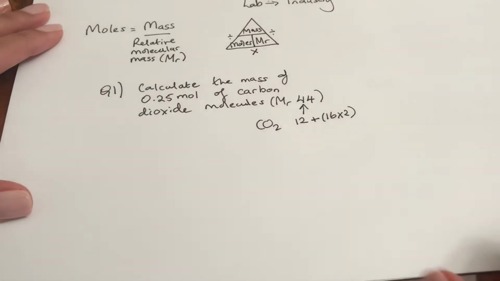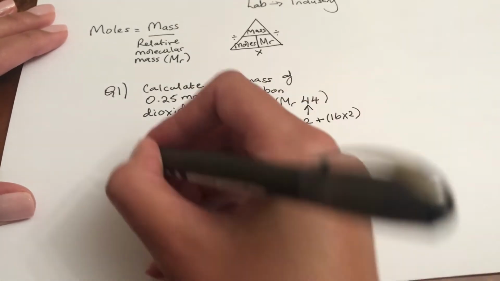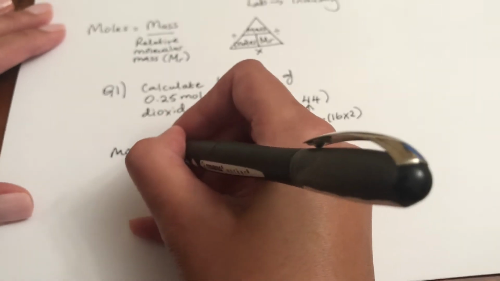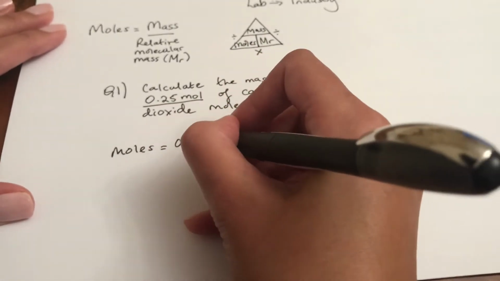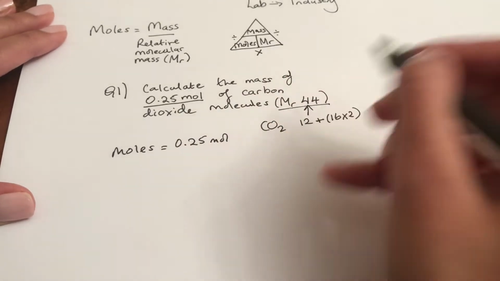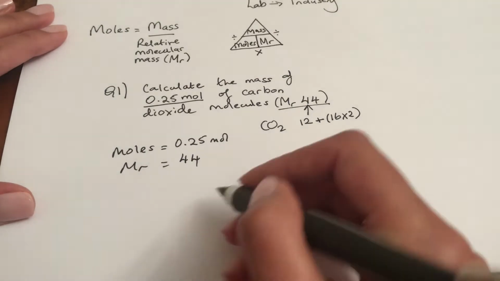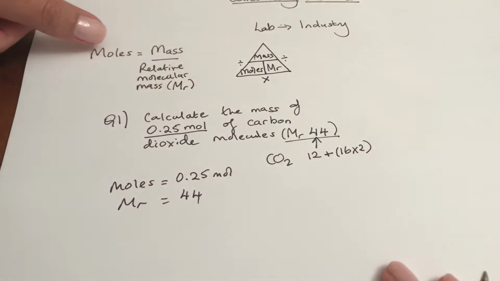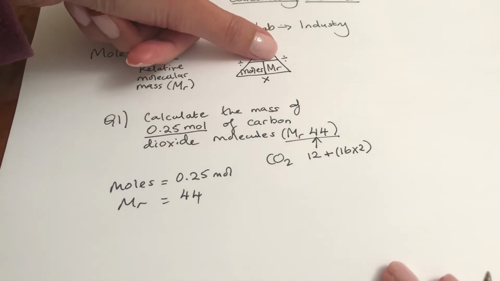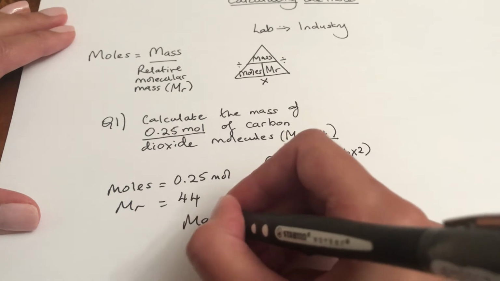Okay, so let's have a look at our question. What are we given? We are given the number of moles, 0.25. We are also given the MR, 44. So let's put this into our equation. So we need to work out the mass. So mass is moles multiplied by the MR. Easy peasy, lemon squeezy.